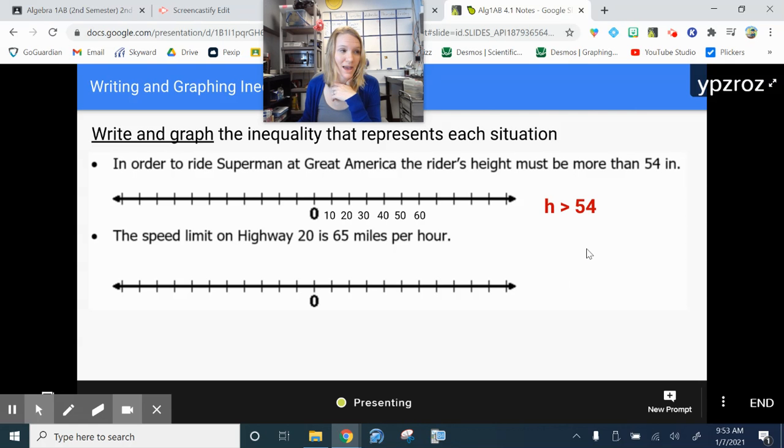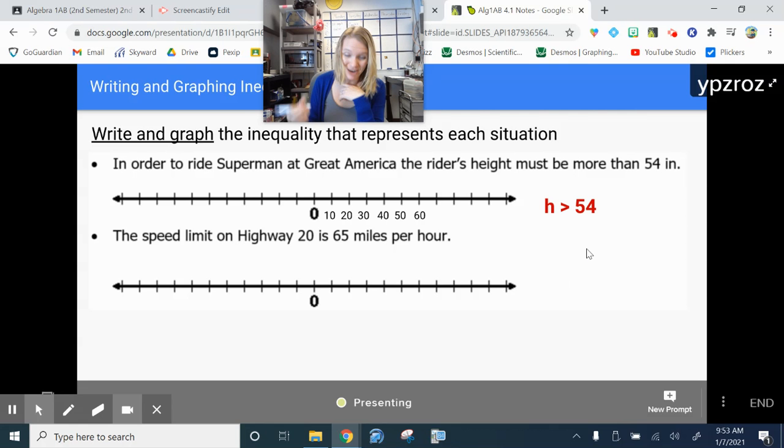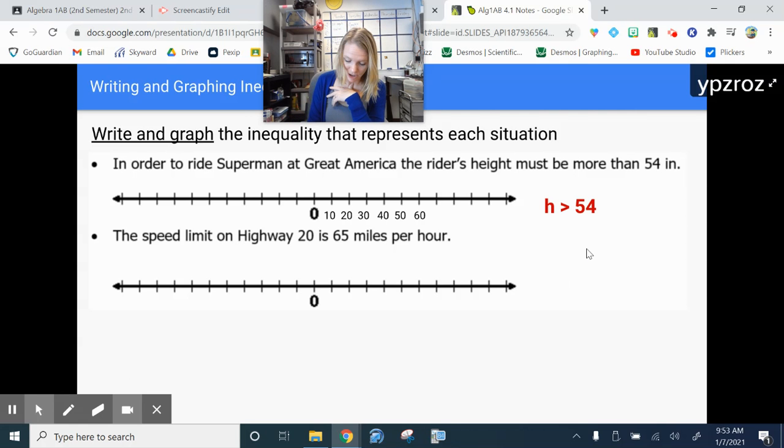then it's got to be greater than 54. So our inequality is just H greater than 54. The inequality symbol eats the bigger number. We're talking about more than 54, so we want our variable to be bigger than 54.